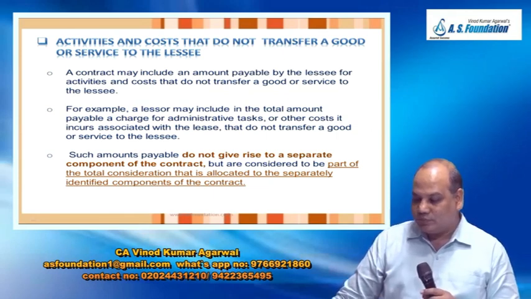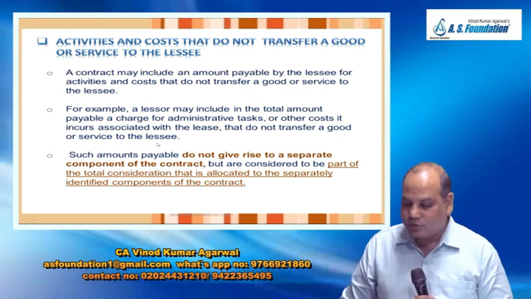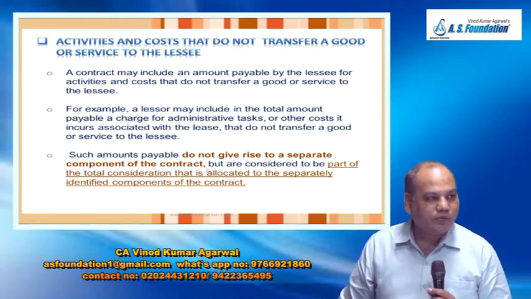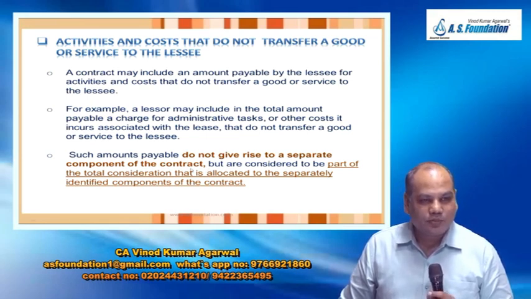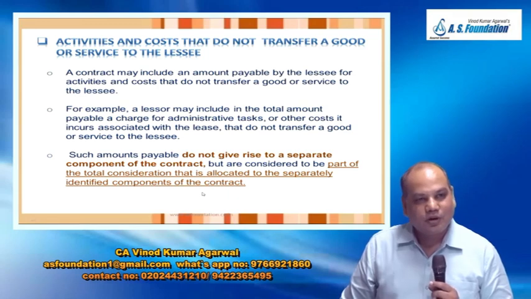Other costs it incurs associated with the lease do not transfer goods or service to the lessee. Such amount payable, underline, do not give rise to a separate component of the contract, but are considered to be part of the total consideration and is to be allocated to separately identified component of the contract.